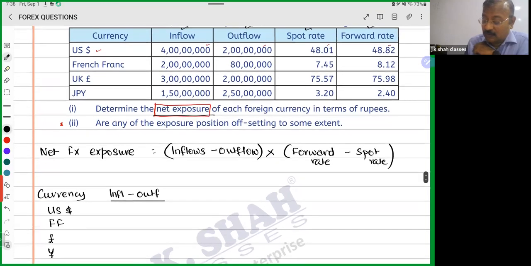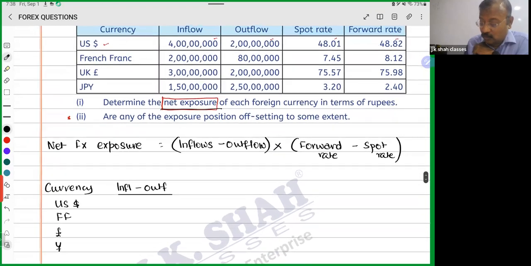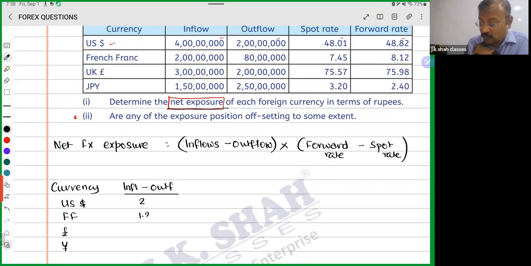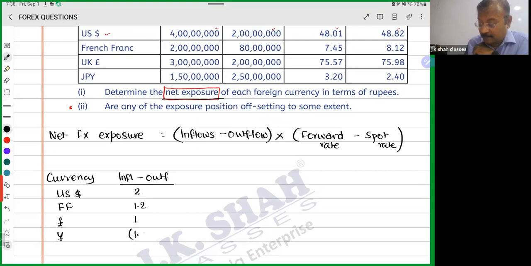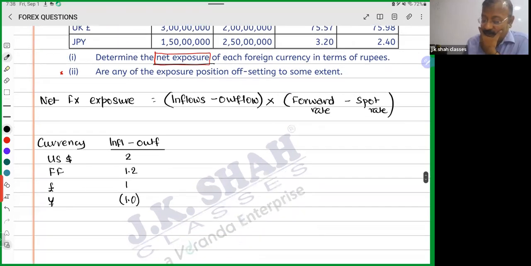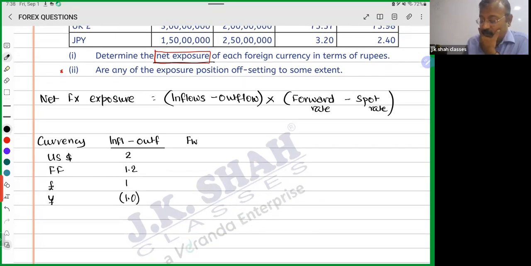If I take the figures in crore, this would be 2, 1.2, 1, और ये क्या होगा? -1. And then forward minus spot.